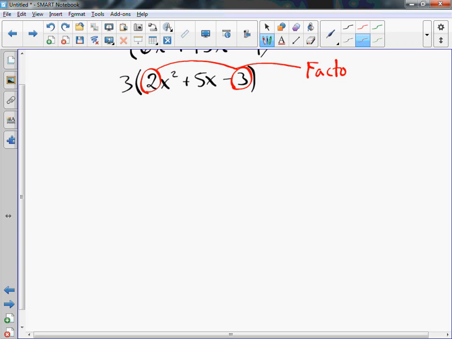Factors of, this time it's -6, because that's a -3, that add to be 5. And I believe this time 6 and -1. 6 and -1 multiply to be -6, and 6 and -1 add to be 5.